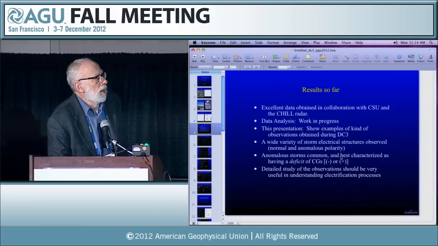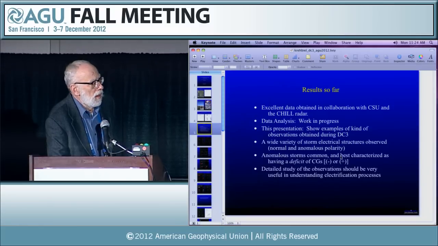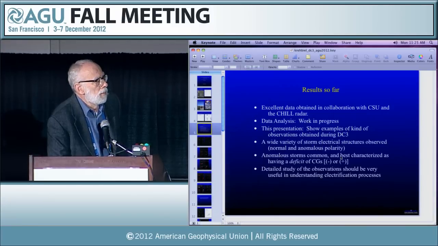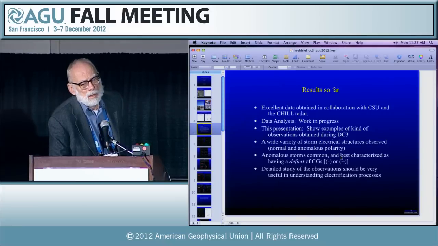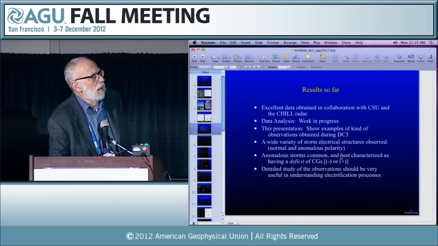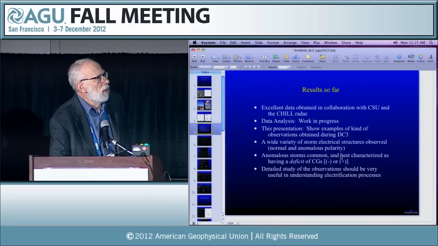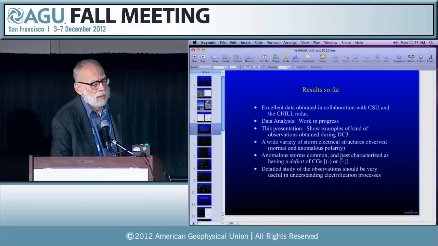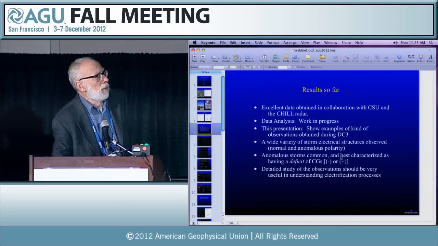One of the interesting things about this particular area is that there's a wide variety of storm types and electrical structures, from small isolated storms to bigger systems, supercells, et cetera. The electrical properties of these storms ranged all the way from normal to various types of anomalous polarity electrification. And the anomalous storms were very common.